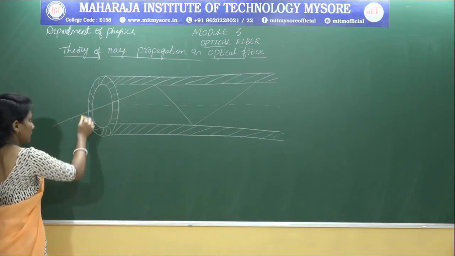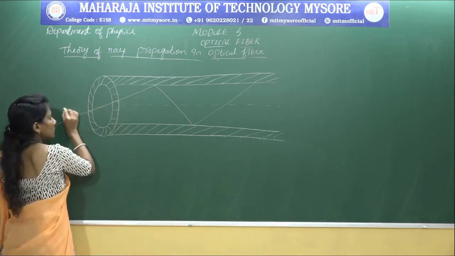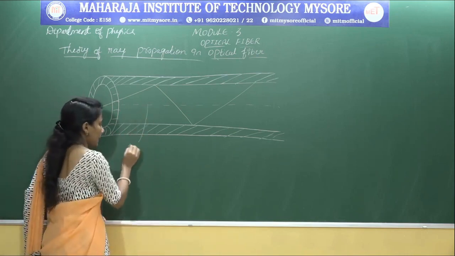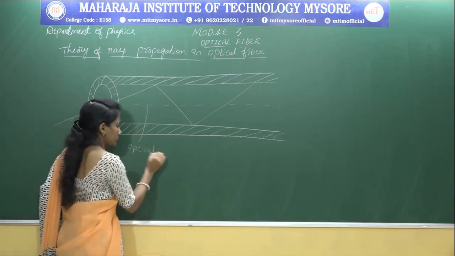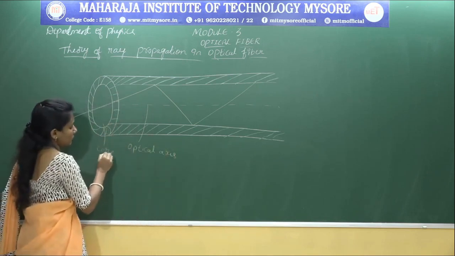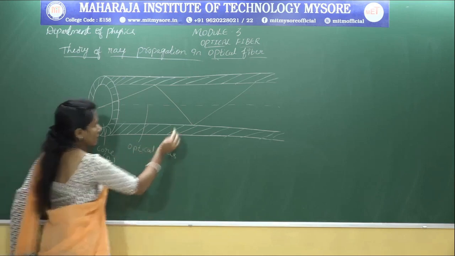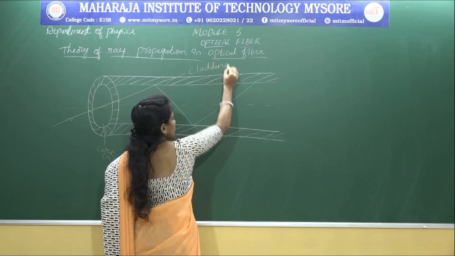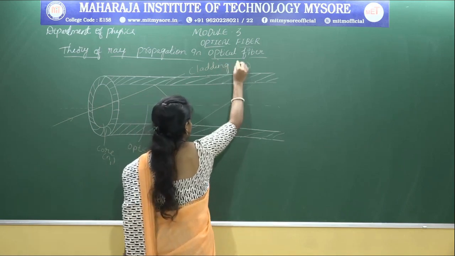The center is the optical axis. So, the inner layer is the core with the refractive index N1, and the outer region is the cladding with the refractive index N2.